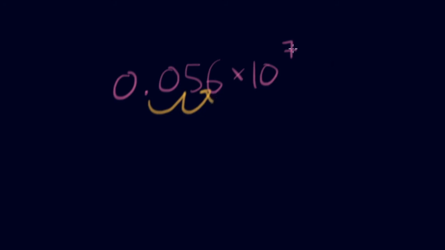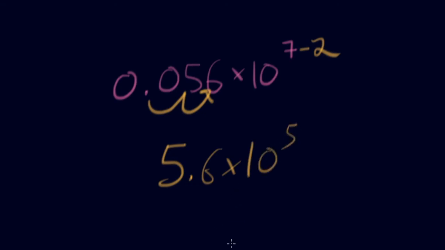And what's going to happen to your exponent? Well, you're going to have to subtract 2. So when you go to the right, you have to subtract 2. So your final answer would be 5.6 times 10 to the 5th, like that. So do realize that you have to move those decimals around sometimes. The big thing to keep in mind is have one digit and then a decimal, and also make sure that you're always multiplying it by 10 to the something.